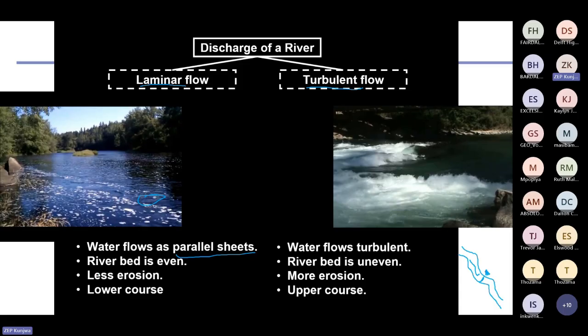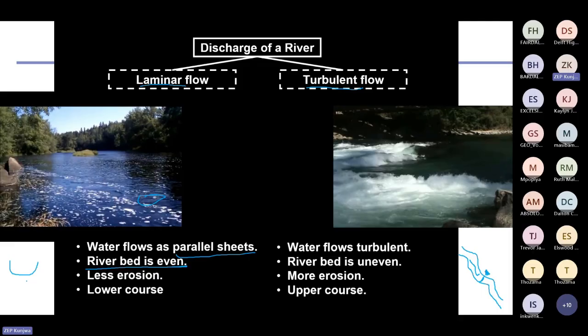The reason for that is because the riverbed is even. What do we mean when we say the riverbed is even? It means the riverbed is smooth. Remember, that is your riverbed. It's smooth. The water is not bumping into anything there. That is why it's not rolling and not rough.